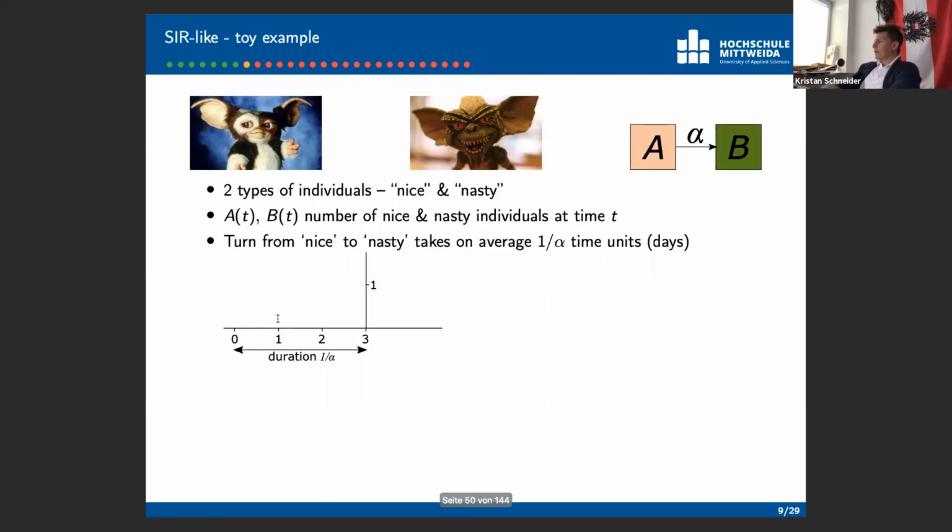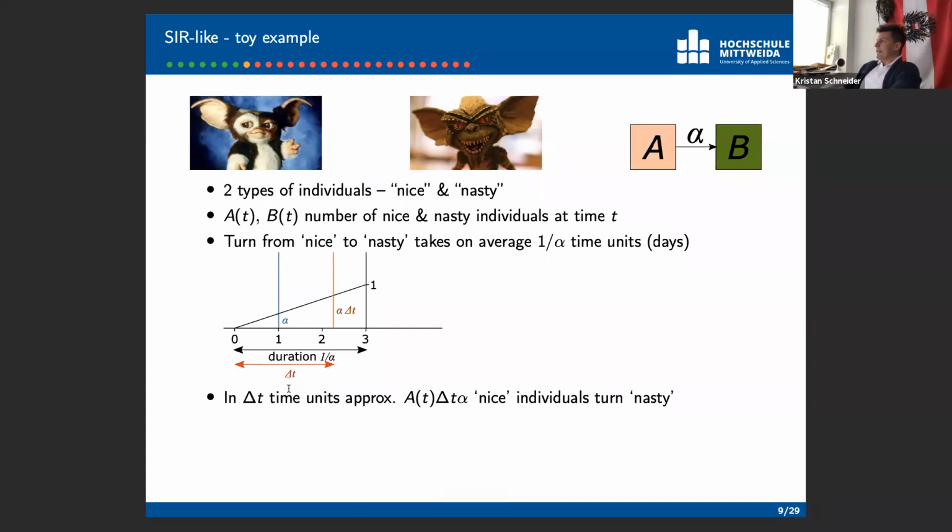And so in delta t time units, the number of individuals will be alpha times delta t. So in delta t time units, approximately delta t times alpha individuals turn from nice to nasty.